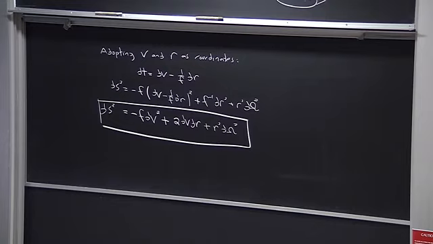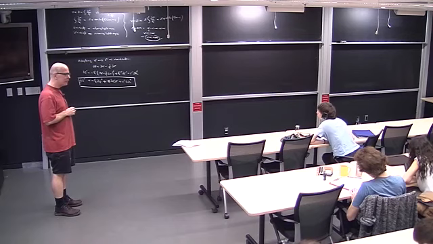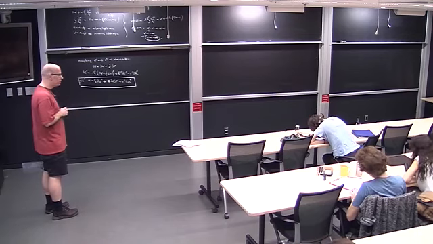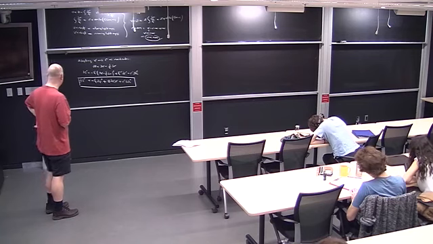So now you're asking, okay, well, we still have an f in front of dv squared, so have we really fixed anything? And it turns out that, yes, we have. So this is, in fact, perfectly fine.